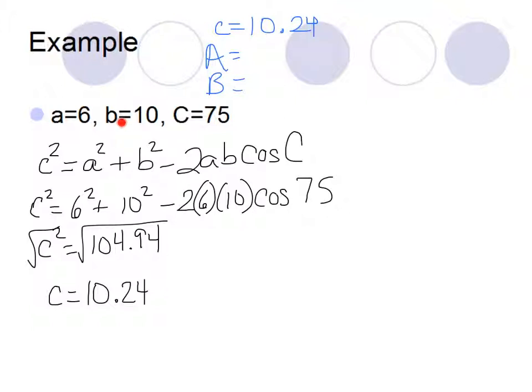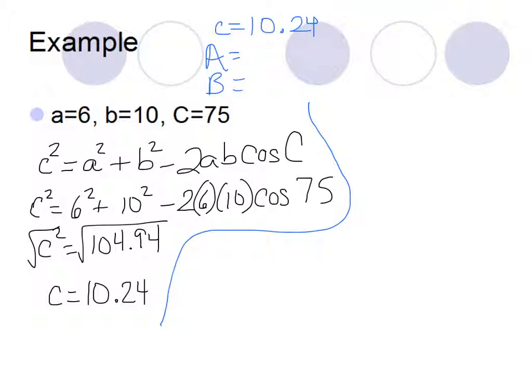I would have to do law of sines to find angle A, and then just subtract from 180 and get your other angle that way. So, again, just always be aware of what that obtuse angle would be and make sure you're not using the law of sines to find it. Okay, as I mentioned, we're not worried about it on this one.